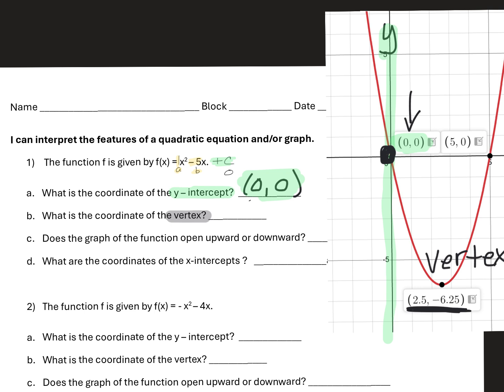It's the only way we know how to do it right now. So the coordinates are going to be 2.5 and negative 6.25. And again, I got those by looking here at the vertex of my graph after I typed it into the Desmos graphing calculator.